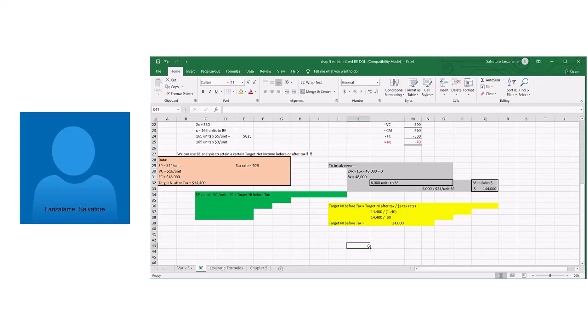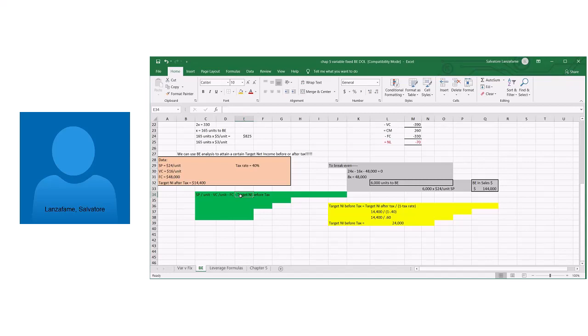So in order to get our target net income before tax, I had to first figure out my net income after tax, because that's what they gave me in the question. If they had given me, hey, calculate the target net income before tax, I wouldn't have had to do any of this. I would have just stuck the 24,000 right in place of the 0.